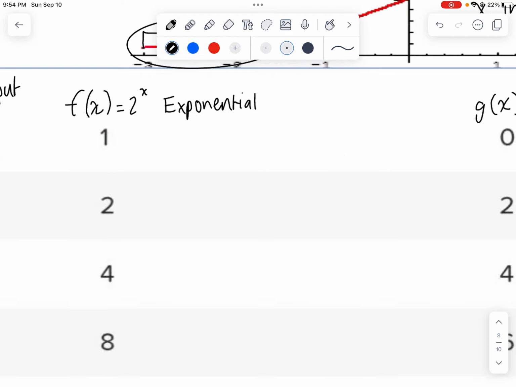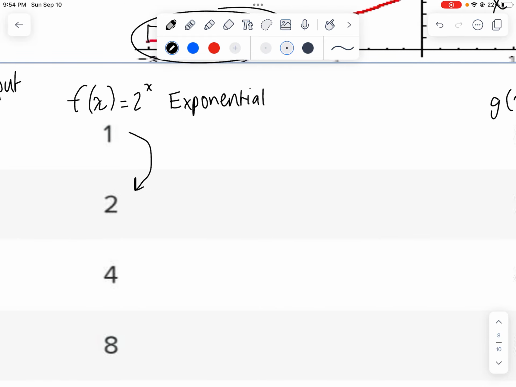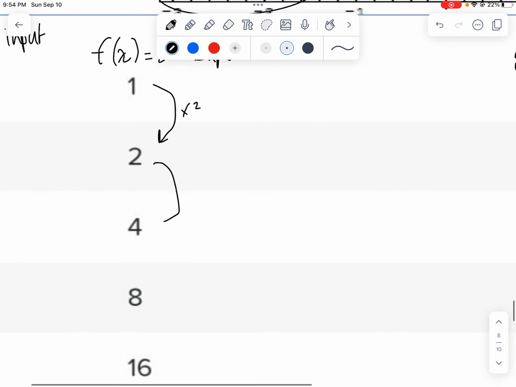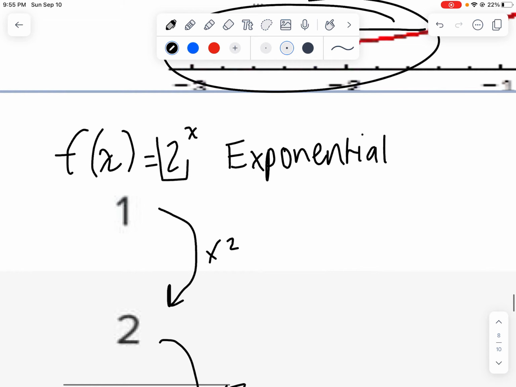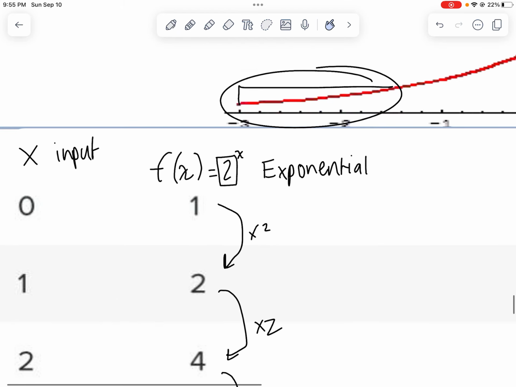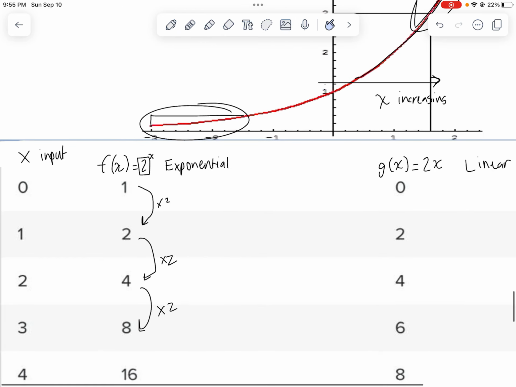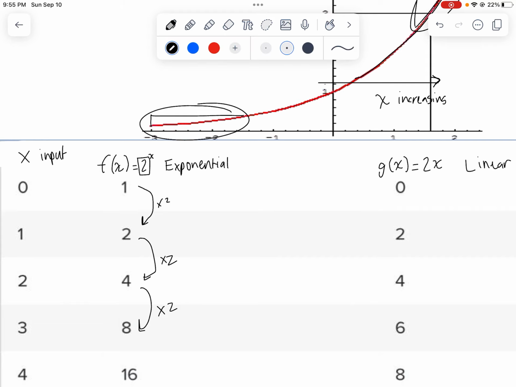You could see it's doubling. 1 to 2, times 2. 2 to 4, times 2. This is not always the case, but in this case it is doubling because the rate of change is 2. Like in the example above, remember in the definition I said one example would be y equals a times 2 to the power of x, and in that one it's doubling too.